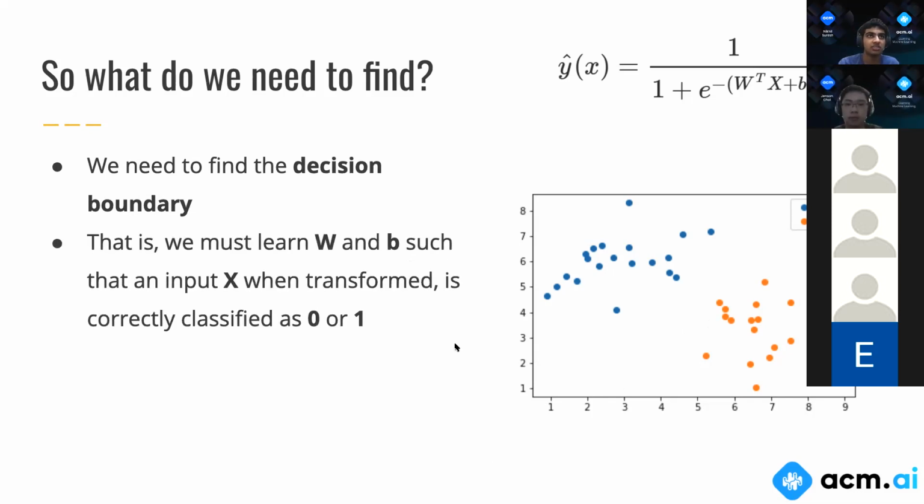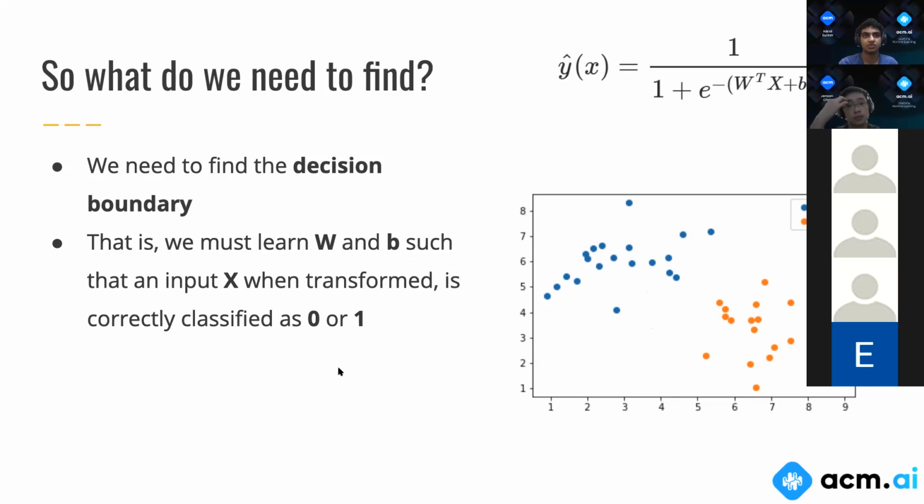And so in particular, that means we have to figure out some weights and a bias such that given our x, we can figure out if it's on the left or right side, which is basically whether it's a 0 or a 1. You could think of the left and right side as being less than 0.5 or greater than 0.5 on the sigmoid function after we've applied it.